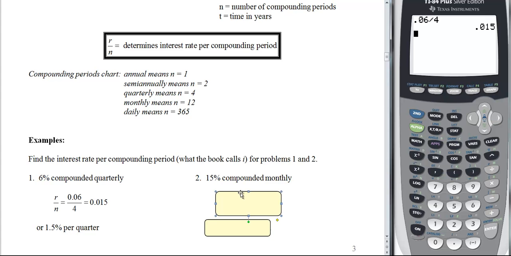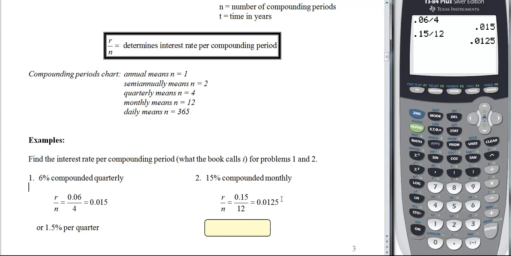Let's look at this one. Or I could say per compounding period. So R divided by N. I think I'll try and shorten this. So 0.15 divided by 12.